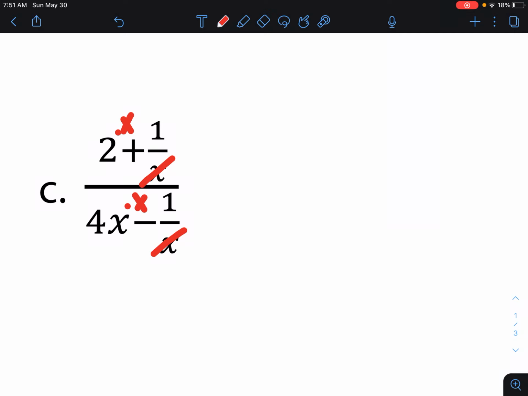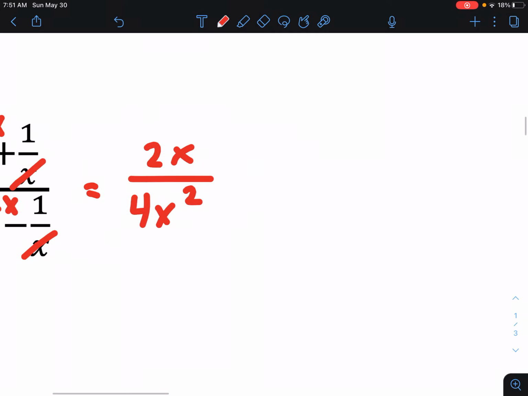Okay, so everything gets multiplied by that common denominator. Okay, so in this case we end up with 2x over 4x squared. And then we can simplify this a little bit, and I'm going to write it all out just because I like to show the whole thing.